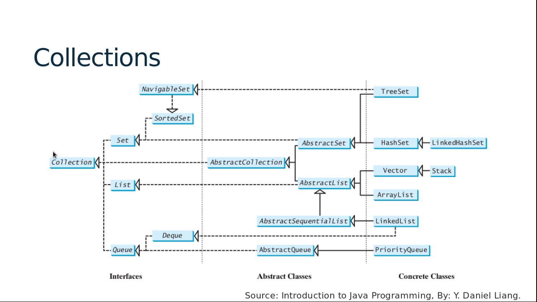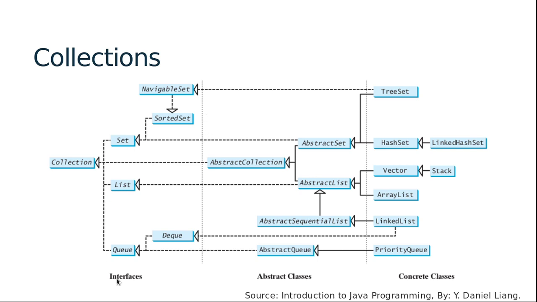The parent of all is the Collection interface, which defines all the common methods and properties. As it is an interface, it will have either constants, abstract methods, or static methods.